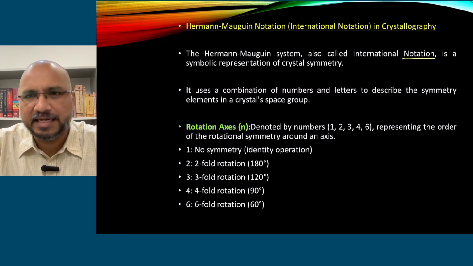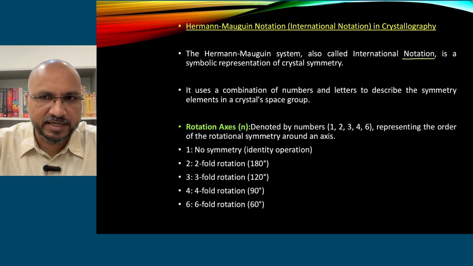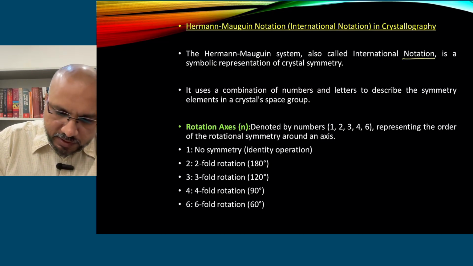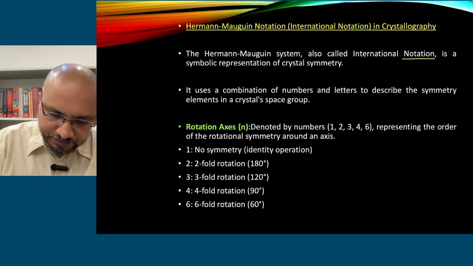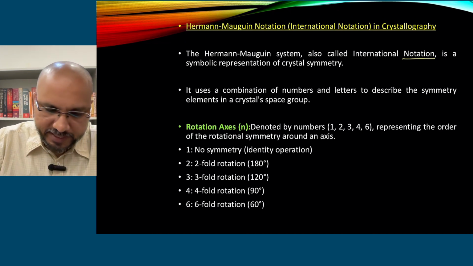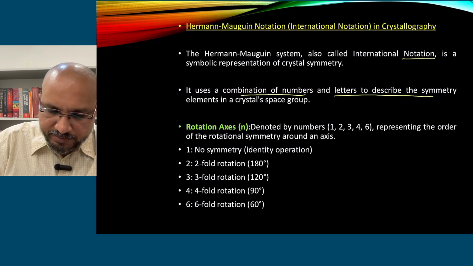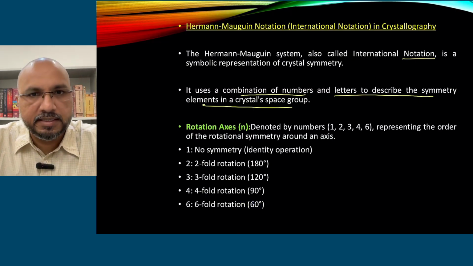So it is like a formula. By looking at this particular notation, you will understand the symmetry elements of that particular crystal. It is a symbolic representation of crystal symmetry, a combination of numbers and letters to describe the symmetry elements in a crystal.